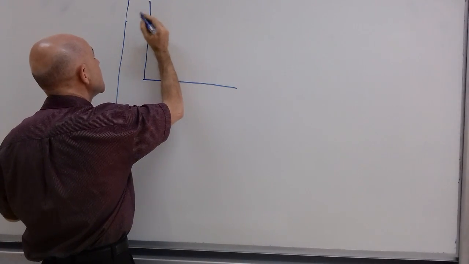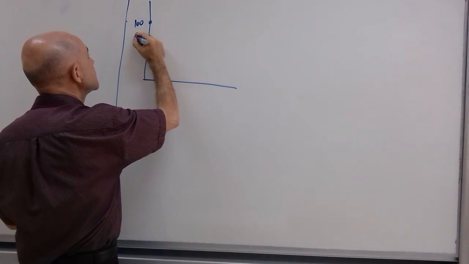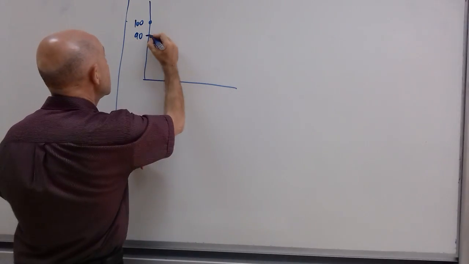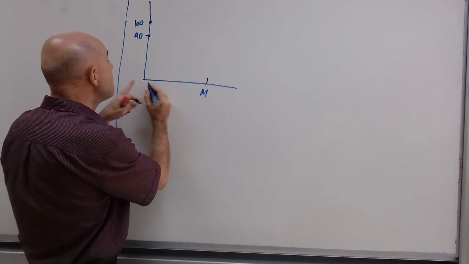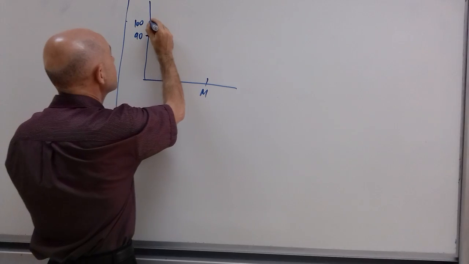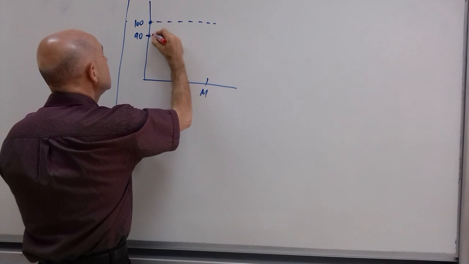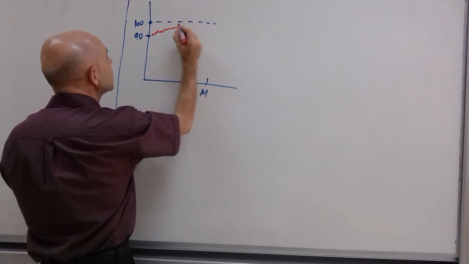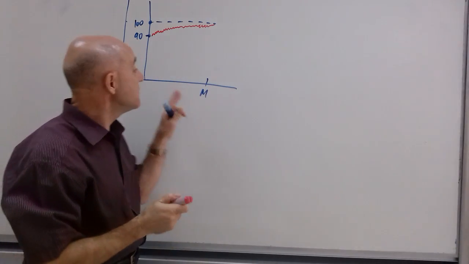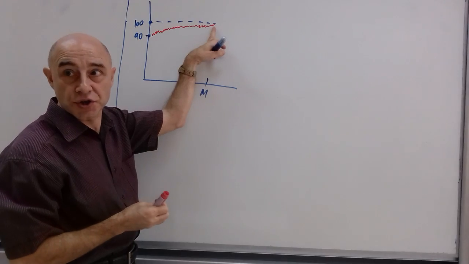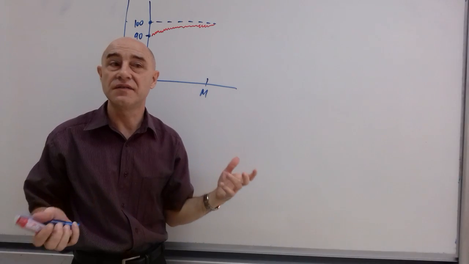Say this is par, okay, 100. Let's say this is 90, and this is maturity here. And there are maybe 5 years to maturity. So, the price will zigzag, but as it zigzags up and down, it will eventually, as we get closer to maturity, converge to the face value.